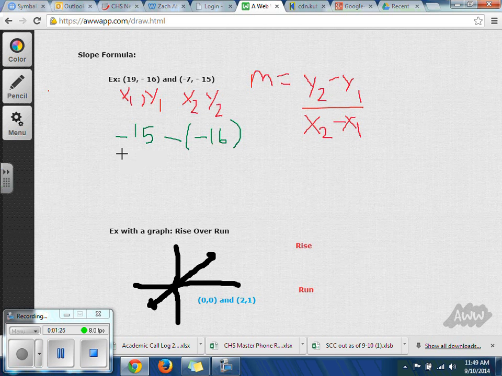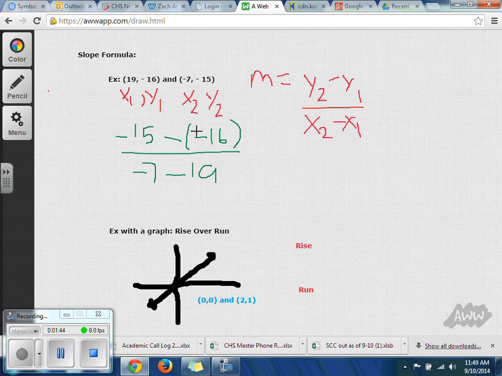The formula says to divide. x2 is negative 7. The formula says to subtract. x1 is 19.